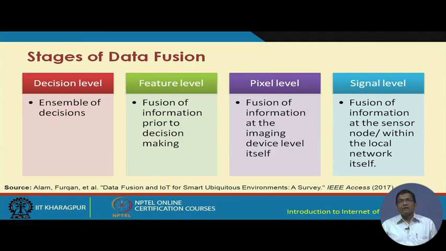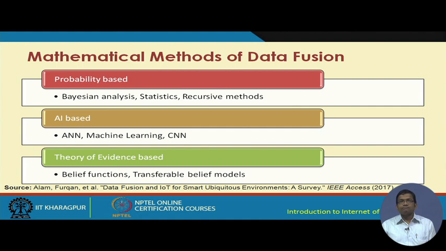So it is basically fusion of information prior to decision making. And pixel level is fusion of information at the imaging device level itself. So at the imaging devices, that fusion is done in the device itself. And signal level is fusion of information at the sensor node or within the local area network itself.